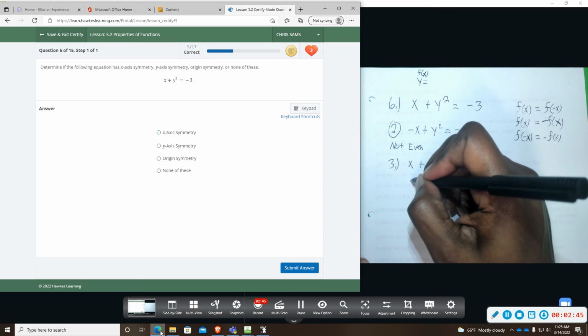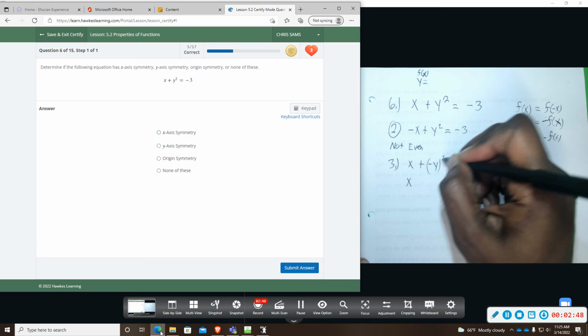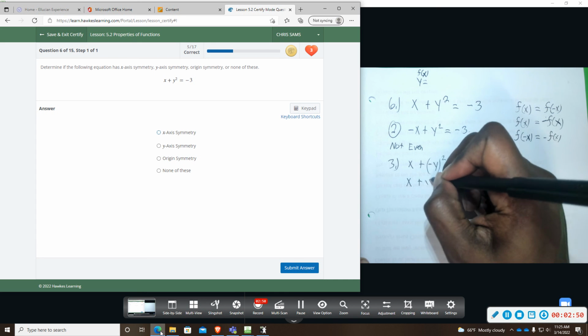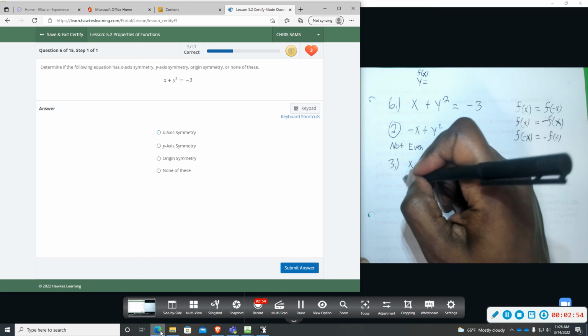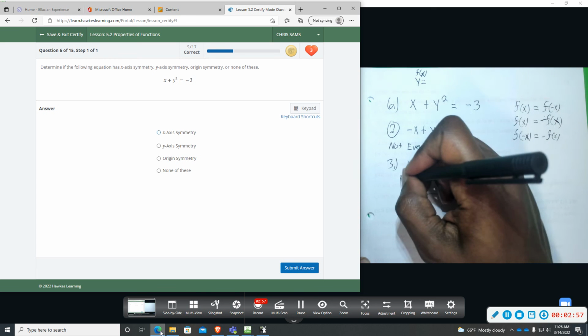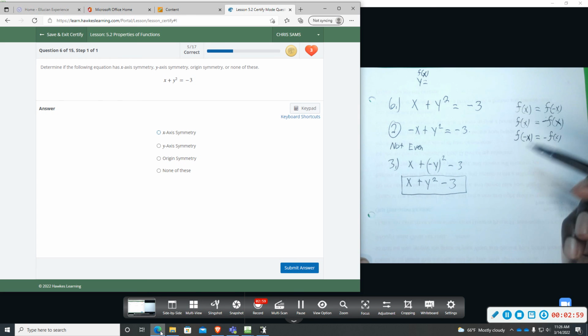So that's going to give us x. When you square the negative, it's going to become positive, minus 3. So this is what happens when I make y negative.